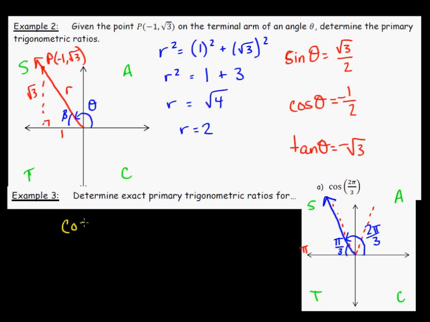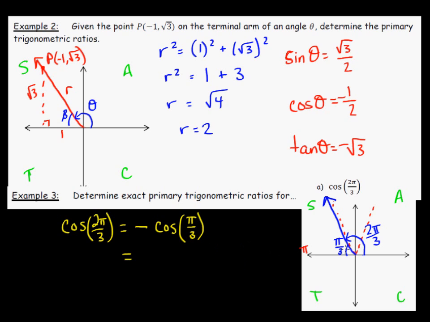So now, cosine of 2 pi by 3, this is the ratio that we want to find. We know that this has to be the same as the cosine ratio for the related acute angle, which is pi by 3. Those ratios will be the same, except in quadrant 2, the cosine ratio will be negative. So it's going to be equal to negative whatever the cosine ratio is for the related acute angle.